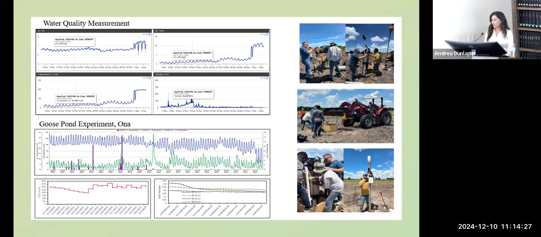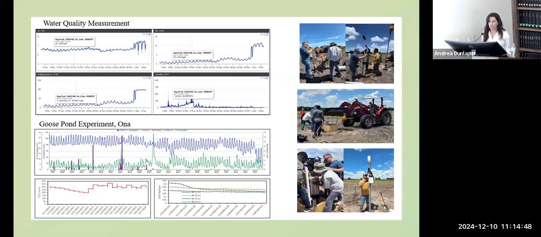Here we monitor various parameters like water quality, drainage, soil, and climate components, with the purpose of doing a water balance study and looking at the impact of different pasture management on water quality.